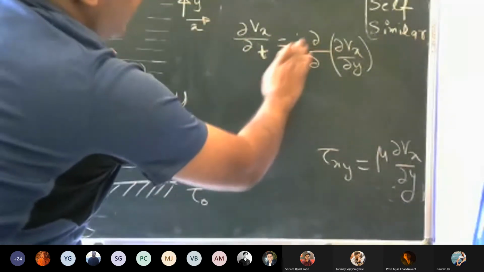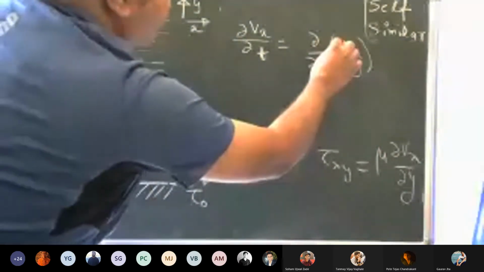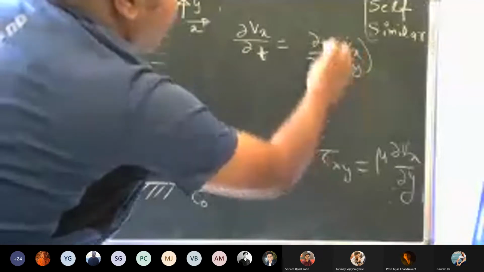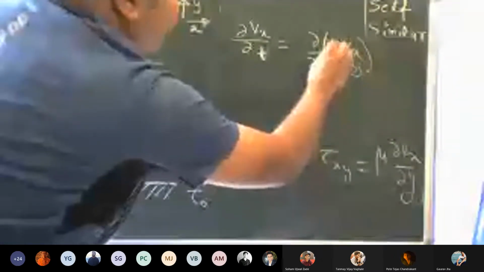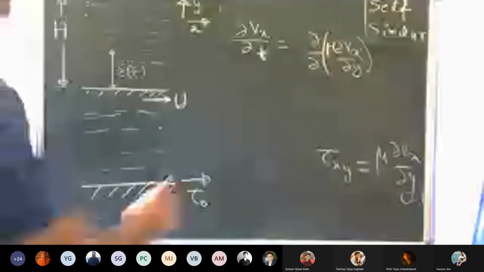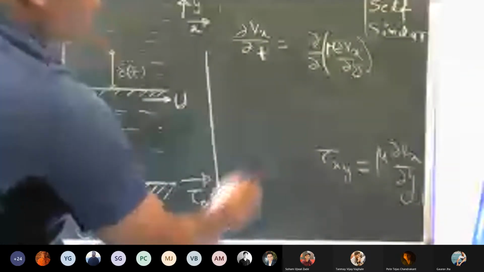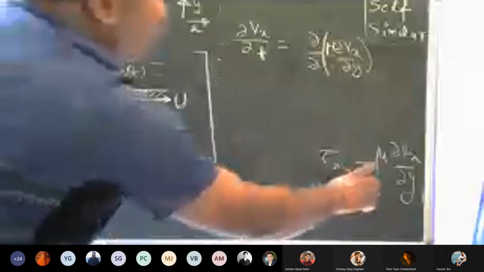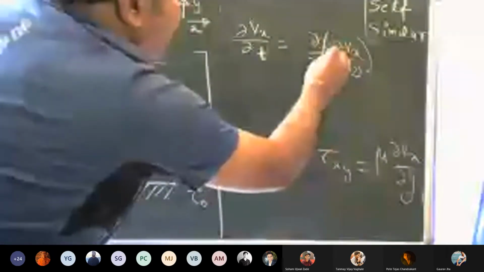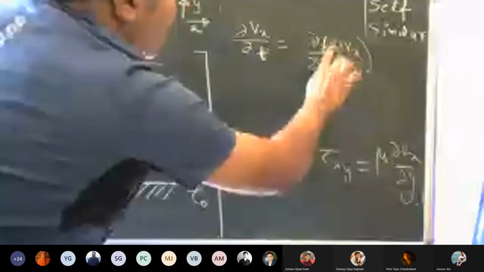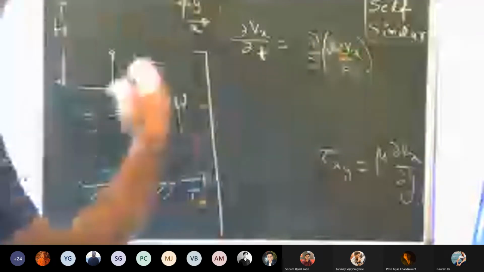So this mu you can take inside. Oh, there is rho here also. So this is nu, not mu. This mu is here. Now what you do, you take the derivative with respect to y on both sides.